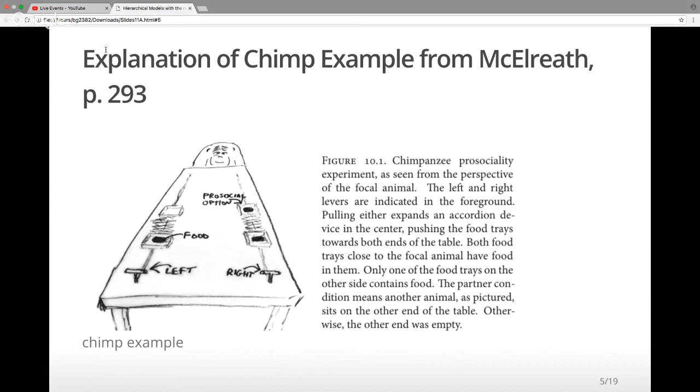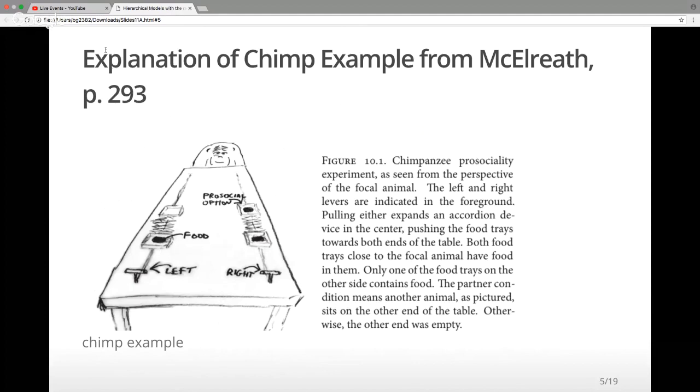I don't think it was done by McElreath himself, but by someone who studies chimpanzees and whether they were pro-social or anti-social. It involves having a chimpanzee around here, and there's two levers, one on the left, the other on the right.